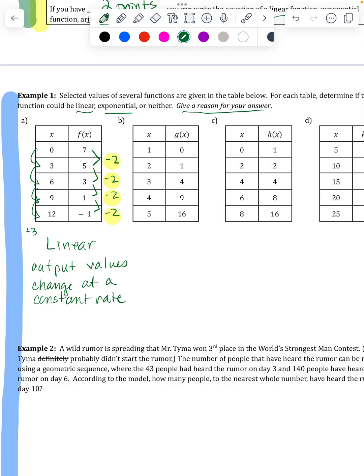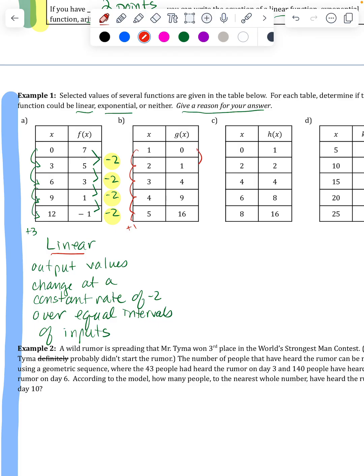And you could say, of -2 if you wanted to, but that is over equal intervals of x values or inputs. So you have to check that those inputs are equal values before you can make a determination. So when I look here, I check that my x's are doing the same thing, and they are all going up by 1, so I'm at least good to go.